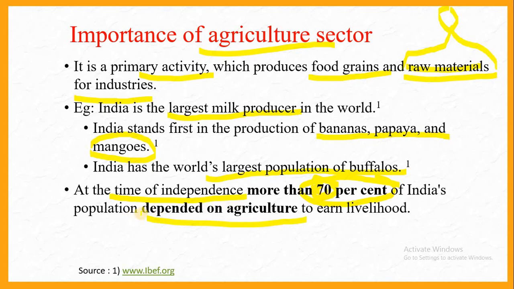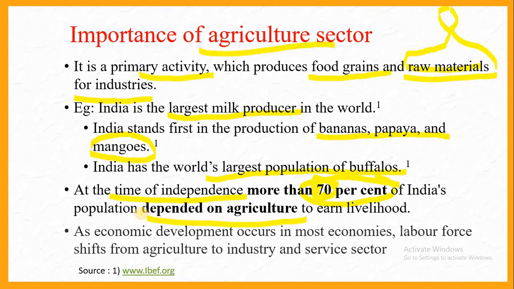So they depended on agriculture. Therefore, in most economies, what happens is, as economies develop, they keep developing with higher income. What happens? They get educated, isn't it? With education, they shift over to manufacturing or service sector.